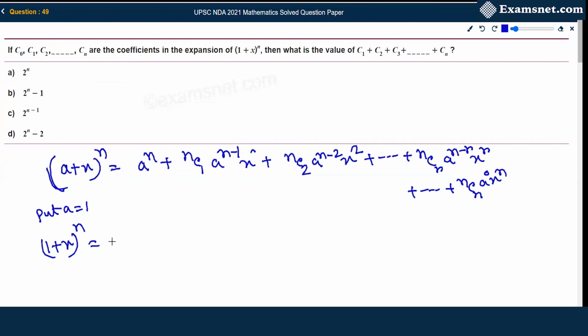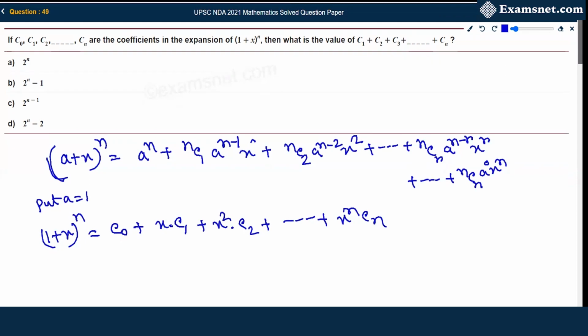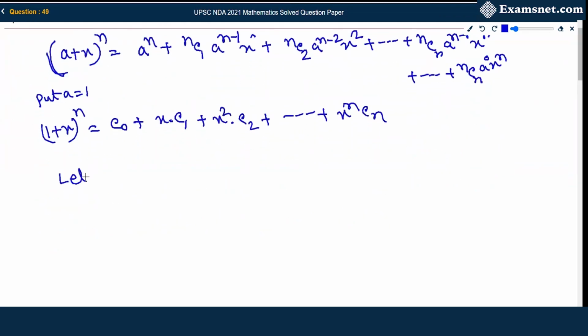So let me write it: C0 plus x C1 plus x square C2 plus up to x to the power n Cn. Now we are going to find the summation of all the coefficients, right? So we can name it as S equals C1 plus C2 plus C3 plus up to Cn, right?